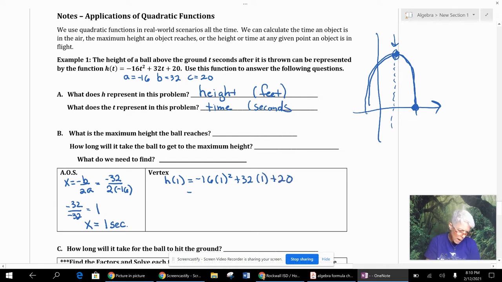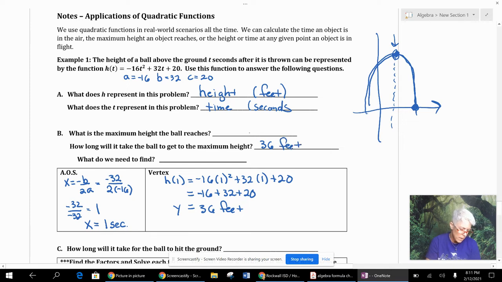I'm going to work it out, and I'm going to get negative 16 plus 32 plus 20. That's a negative 16. And my final answer is 36. So it's 36 feet. My maximum height is going to be 36 feet.